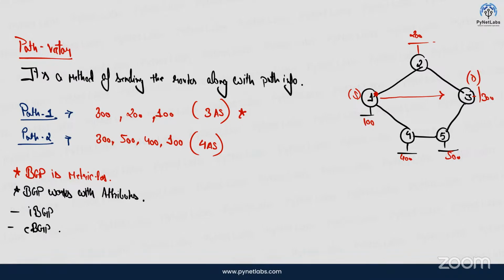External BGP is all about communication with different autonomous systems, whereas internal is all about communication within the AS. Now, what's the thing with eBGP? The eBGP is always going to have the AD value of 20, whereas iBGP is going to have the AD value of 200. So I is for internal updates and E is for external updates. This is one thing about BGP.